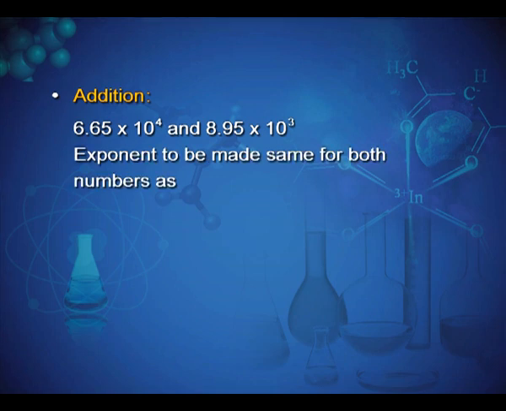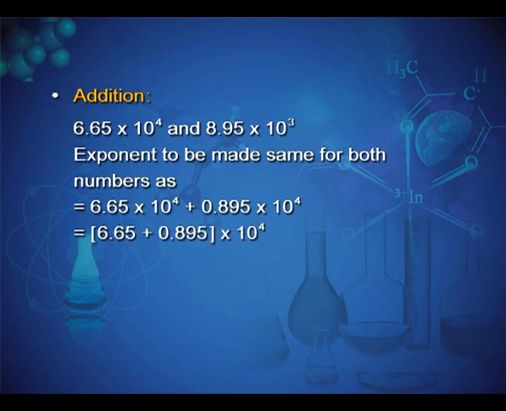First, the exponent is made the same for both numbers: 6.65 times 10 to the power 4 plus 0.895 times 10 to the power 4. Now the exponent has become the same, so we solve 6.65 plus 0.895 times 10 to the power 4. The answer will be 7.454 times 10 to the power 4.